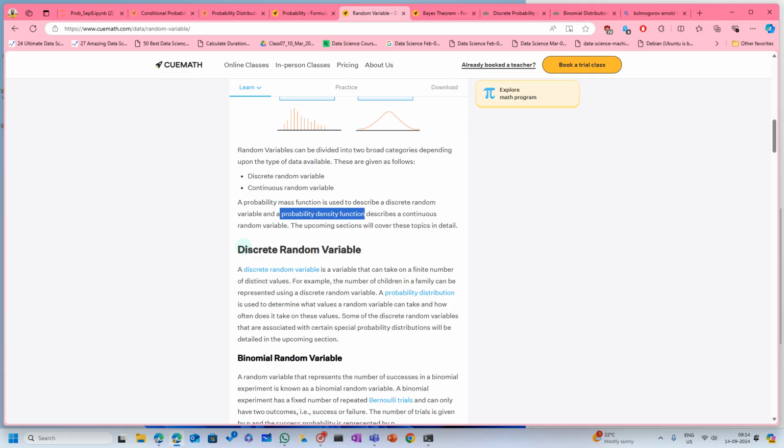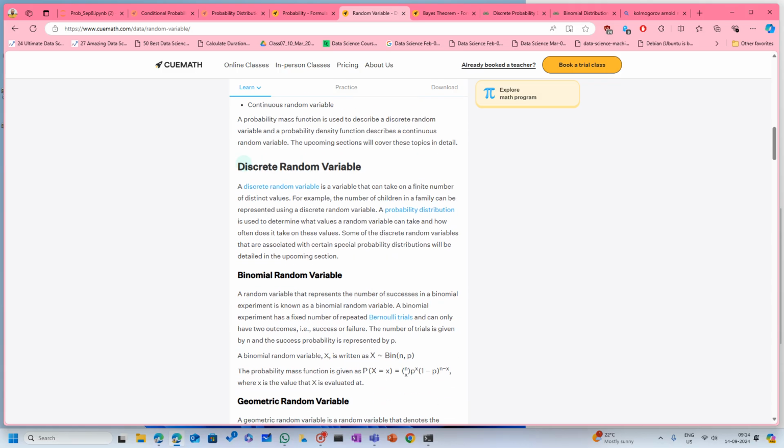Okay. Now discrete variable, there is a definition. Basically, a variable that can take on a finite number of distinct, separate values. I will give you an example. If you are doing data analysis, you get a column which talks about occupation.